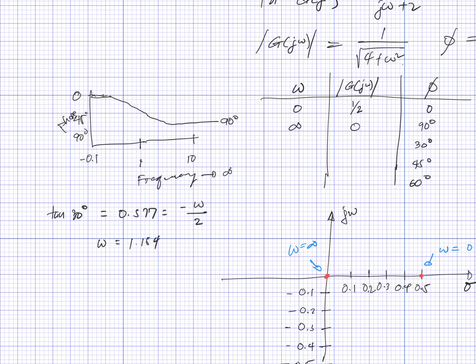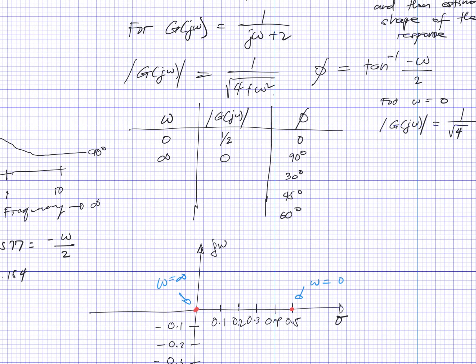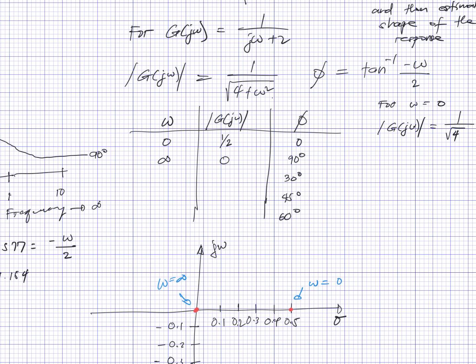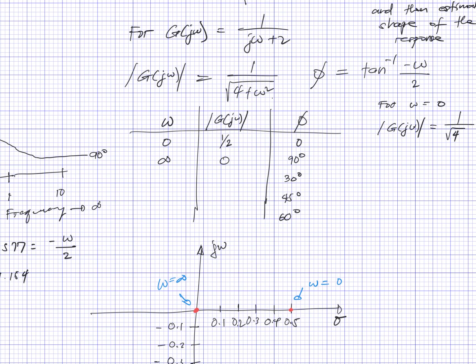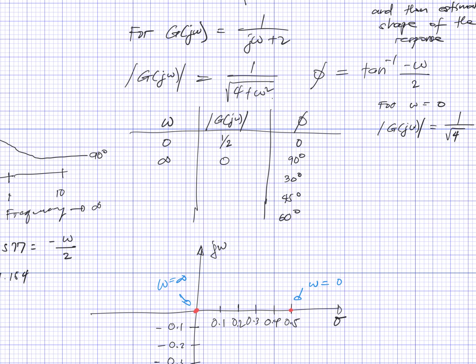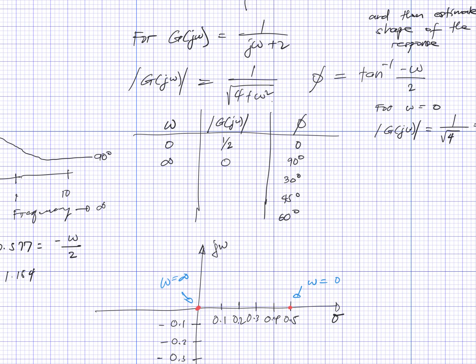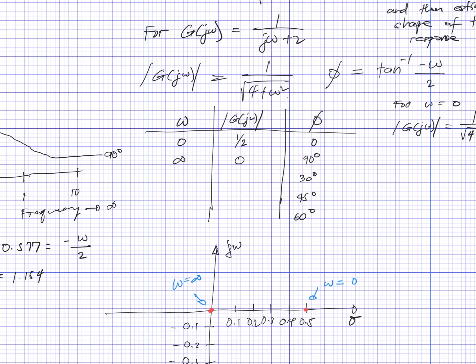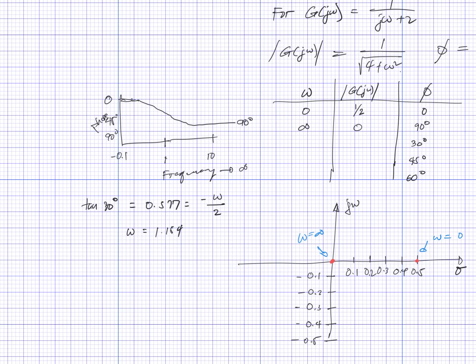Okay, because remember that the phase angle is the arc tangent of negative omega over 2. And so if we have a phase angle of 30 degrees, we get the tangent of 30 degrees is equal to negative omega over 2.